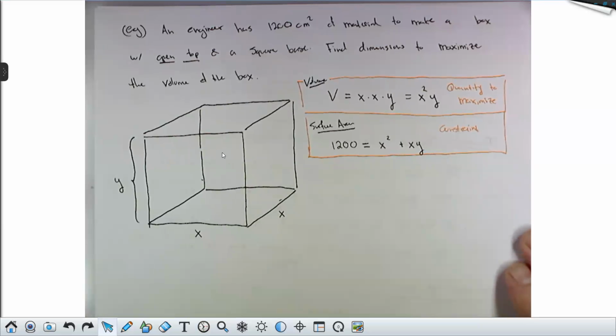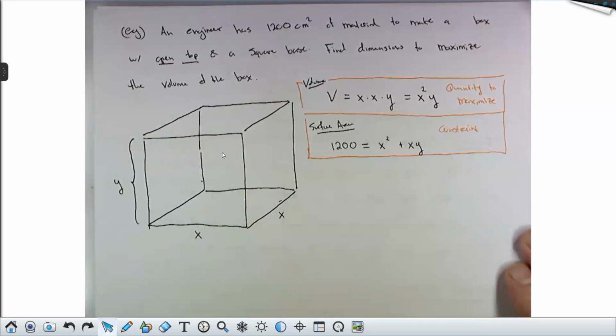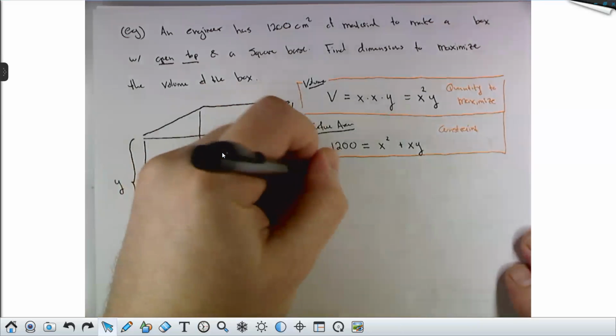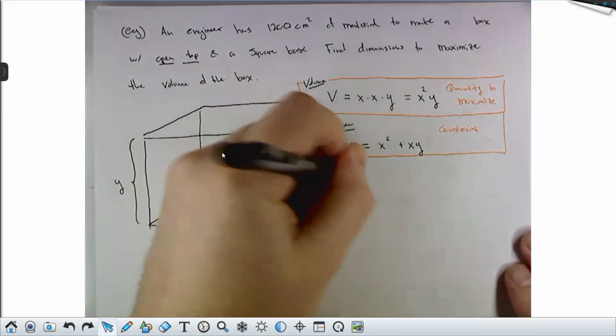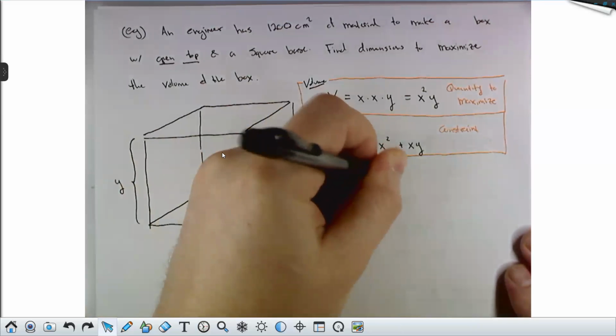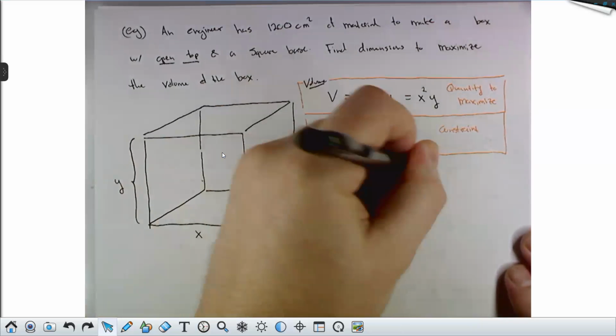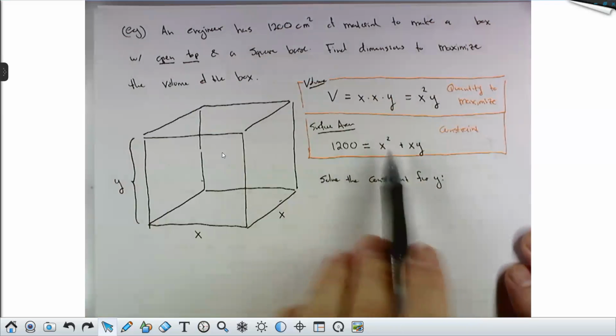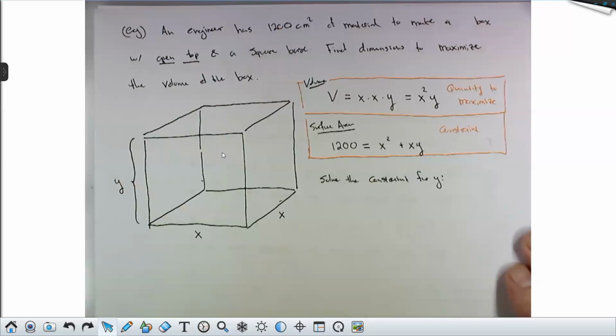I think it's much simpler if you just solve the constraint and plug back in. So let's solve this for y. We could solve for x, but in this case, solving for x is a little bit gnarly because I've got an x squared and an x term. It's not going to be as pretty.